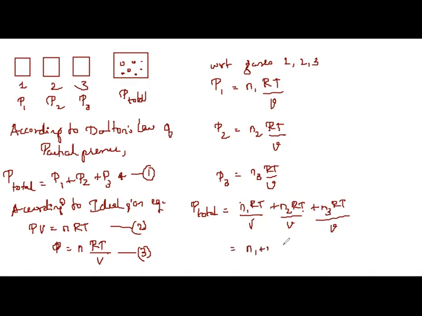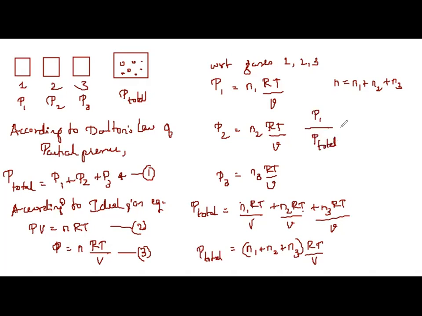N1 plus N2 plus N3, I will write on one side, and the common things are RT by V. What is N1 plus N2 plus N3? It is nothing but N, the total number of moles. So N is equal to N1 plus N2 plus N3. Is that right? So this is the equation for P total. Now what if I want to take the ratio of the partial pressure of gas 1 with P total?